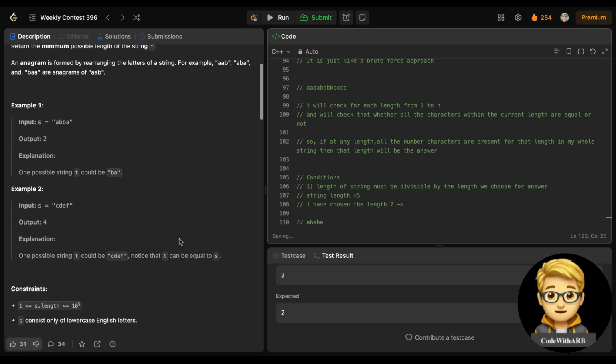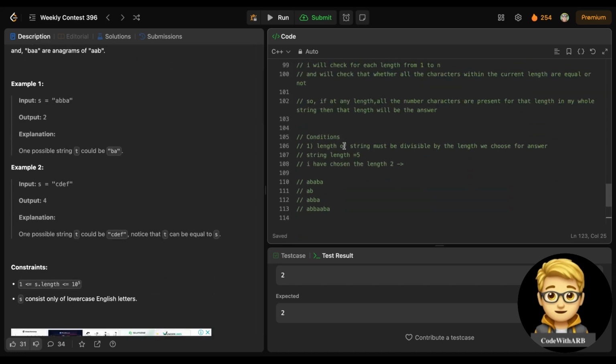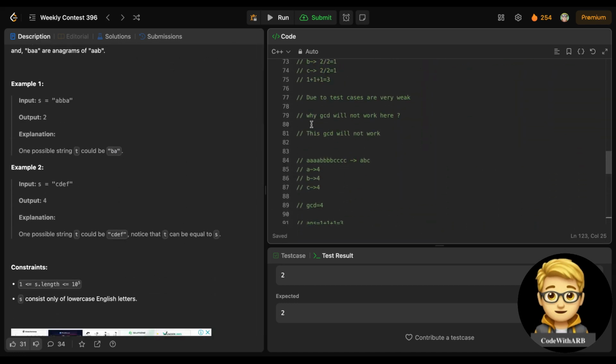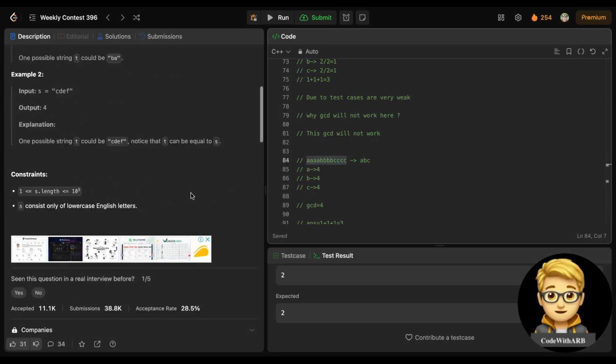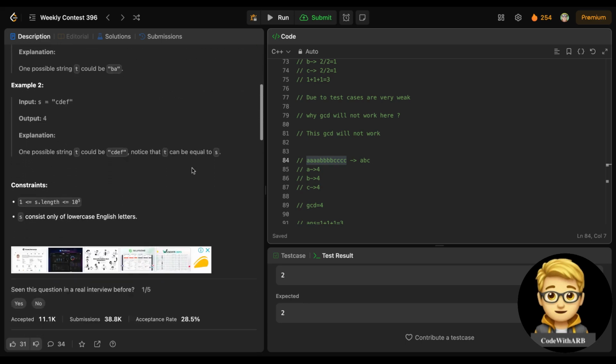So in contests, many people find GCD as their first approach and mark it, and don't think about the edge cases, right? And the test cases are weak, so they get accepted.